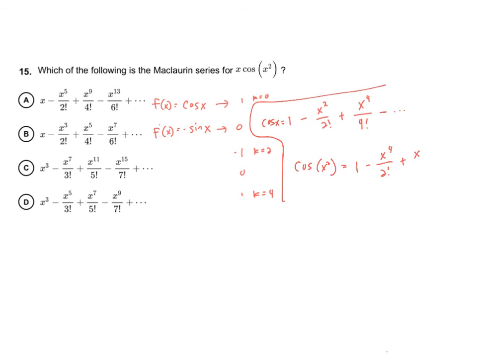Wait, what am I plugging in? x squared. So that'll be x to the 8th. And then multiply both sides by x.